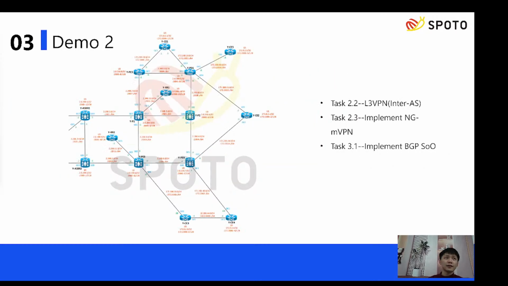And this is demo 2. Here you need to finish the multicast VPN service, the Inter-AS Layer 3 VPN service, and some loop prevention skills.